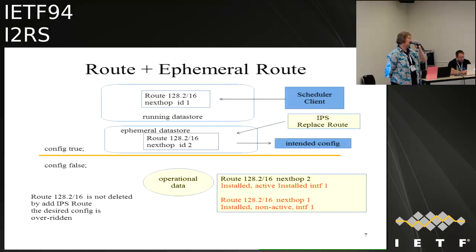If you're doing the same thing with an I2RS enabled client, it's the same authorization. Okay, so we're in the same place. So it's that authorization set up by AAA or whoever. We haven't changed that. It's just that when ephemeral gets turned on, it has the ability to overwrite a config model. That's part of the model itself. So all of this is taking place inside of that concept.